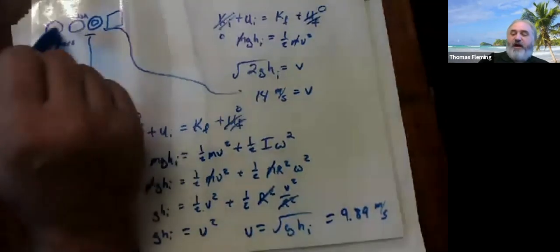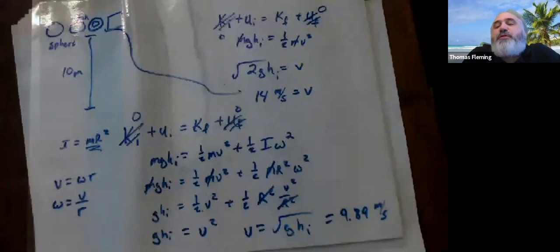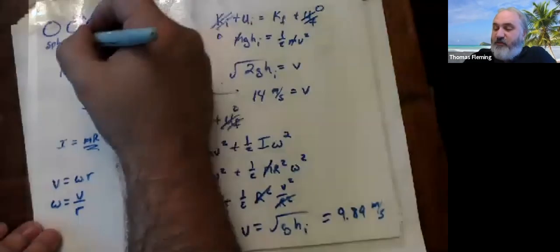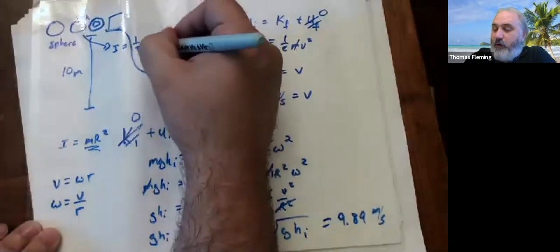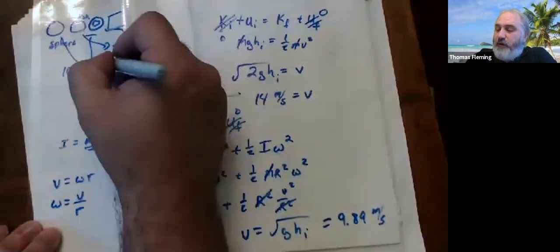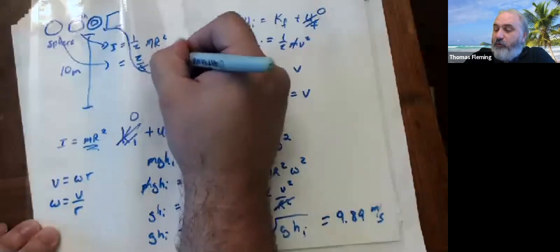Now, we don't have time to do the math on the other two, but if I release all three of these guys at the same time, who do I expect to be going the fastest when they get to the bottom? Any ideas? The box. Well, obviously the box, but for the three rollers, which of the three is going to be going faster at the bottom? Remember, a disc has a moment of inertia of 1/2 mr squared, and the sphere has a moment of inertia of 2/5 mr squared.